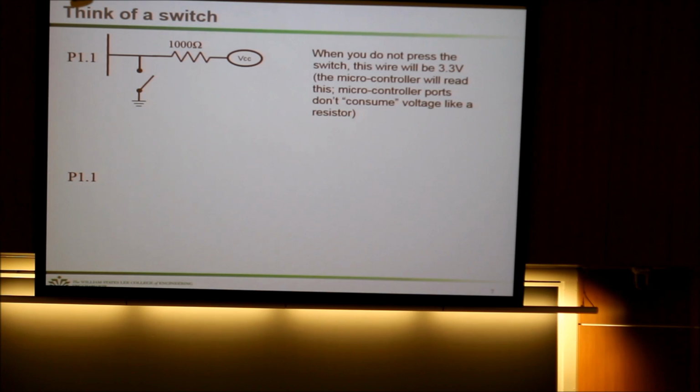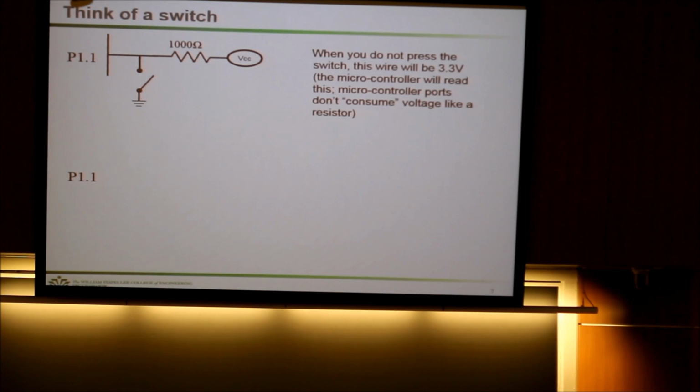You have VCC, you have a resistor, and you have port 1.1. Is there any, by the way, assuming that port 1.1 has nothing in it to consume or has no resistance inside, it'll just observe what's going on at that point in time.